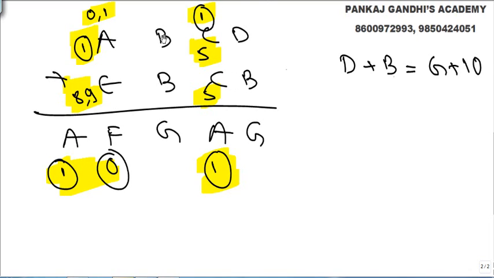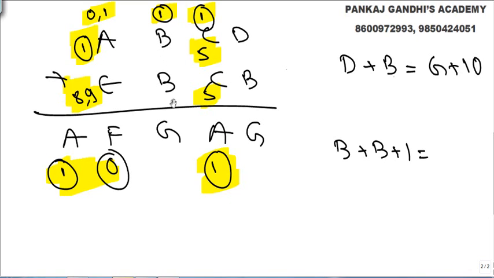And if we look here at B plus B, there is a carry forward here. What we got was 5 plus 5, 10 and 1, 11, so there is a carry forward of 1 here. So what we get is B plus 1.